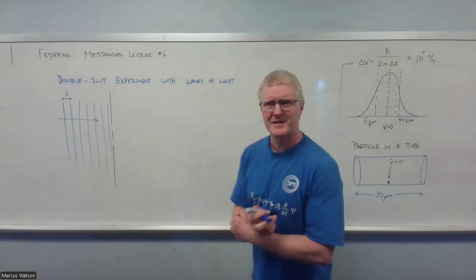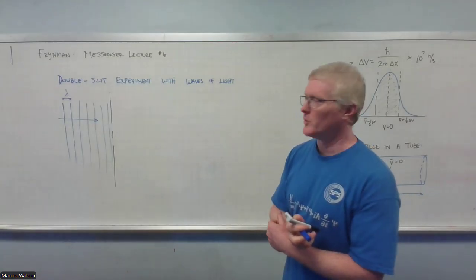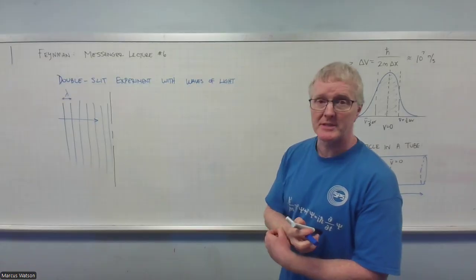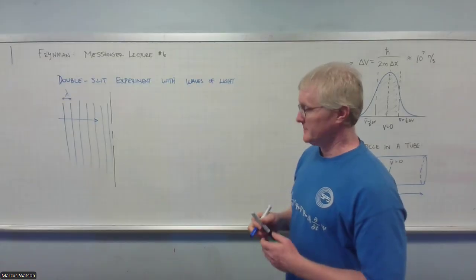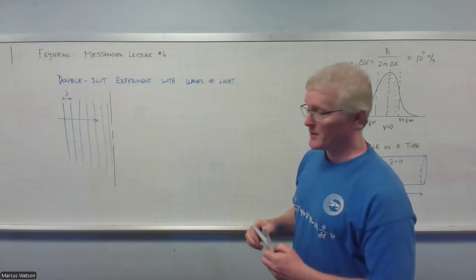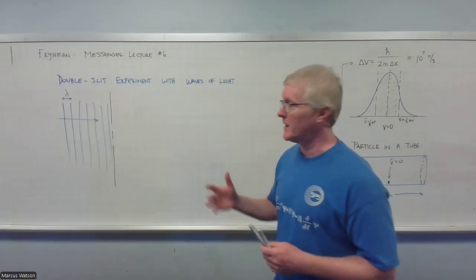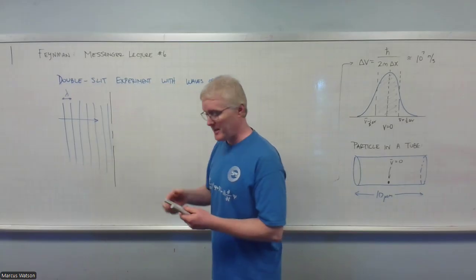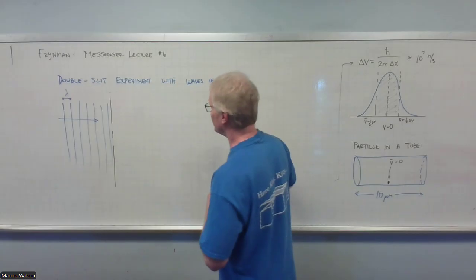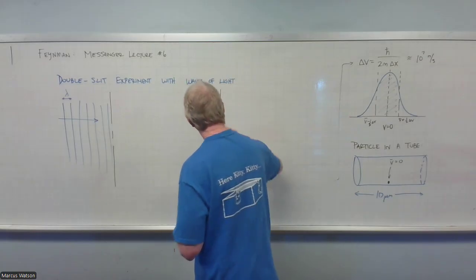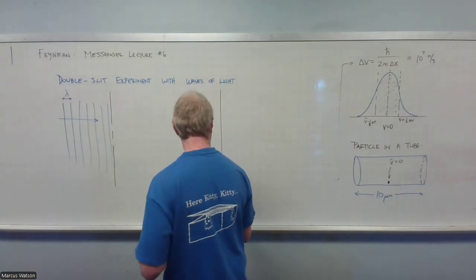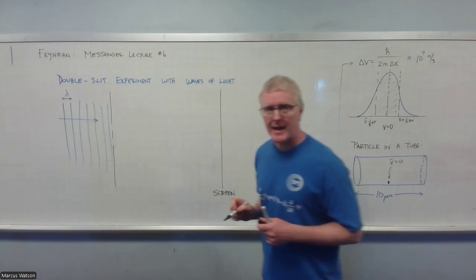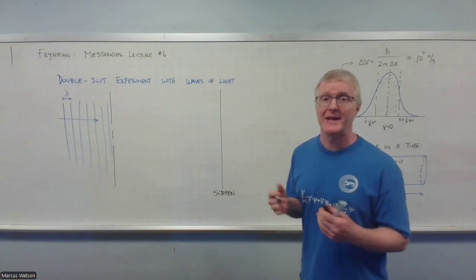Those are the crests, perhaps, and the wavelength would be the distance between those crests, and it's traveling to the right, about to impinge on the double slit. Once it does that, we were pretty confident in saying each one of these acts like its own source of waves, the top and the bottom, and therefore when I look at the screen over here, I get a pattern of bright and dark fringes.